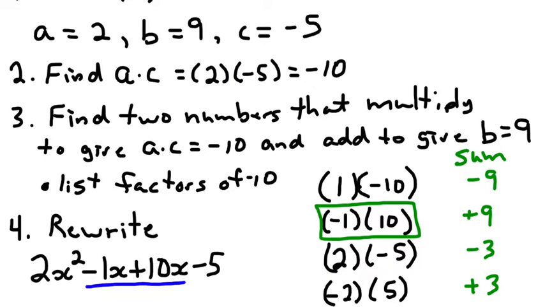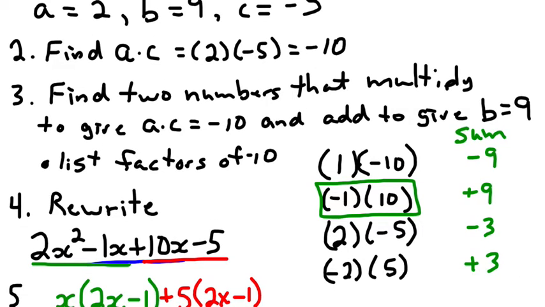So next you see we have 4 terms now. We want to look at the first 2 terms and factor what we can out of those first 2 terms. So the first 2 terms are 2x squared and minus 1x. So there's an x that's common to both of those terms.